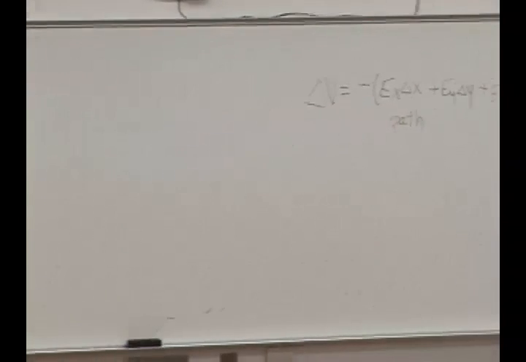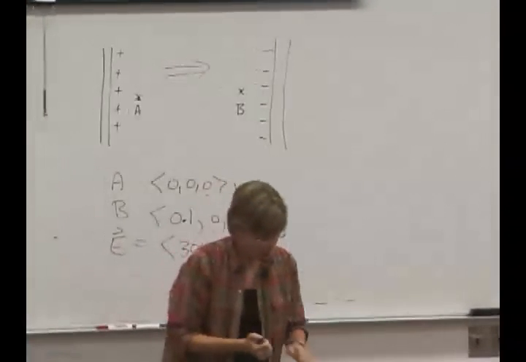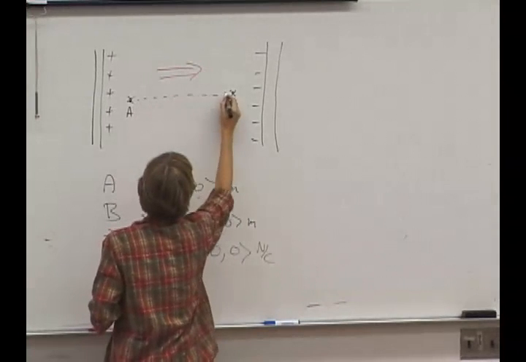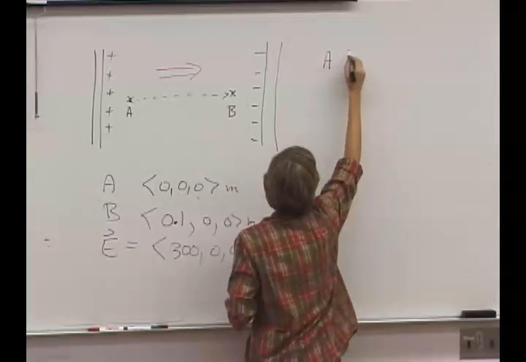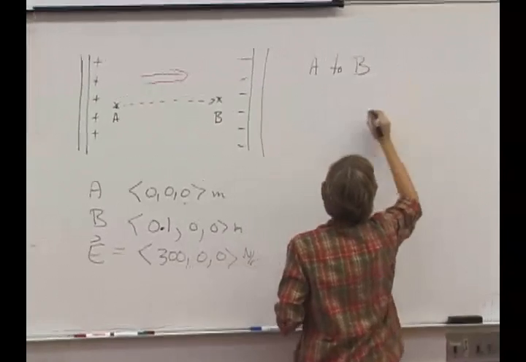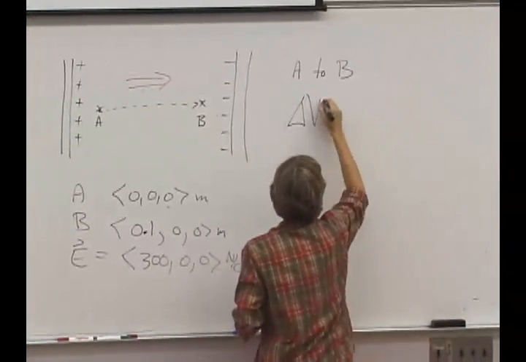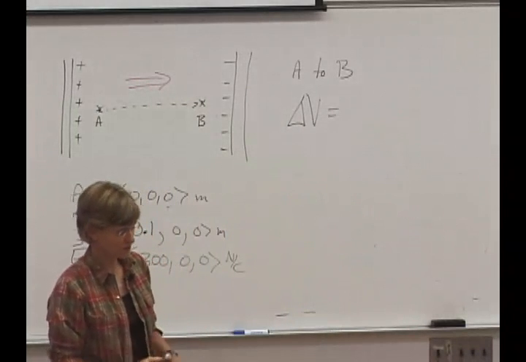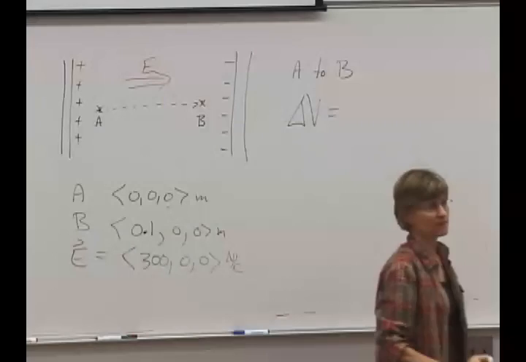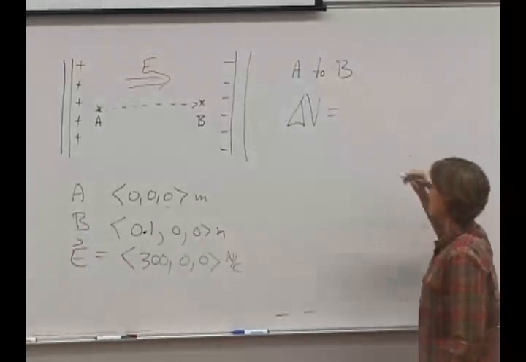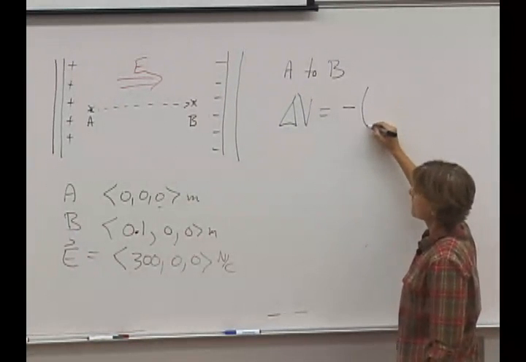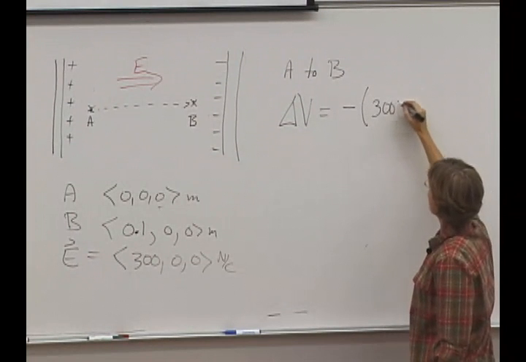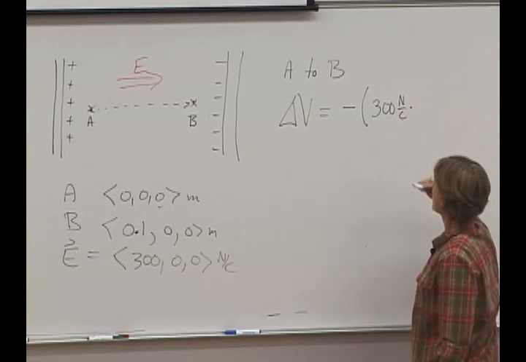But okay, so given this, let's find, going from location A to location B, let's compute the potential difference. Do this on your paper, and then we'll check it together. Okay? So we have a negative sign, and then we have E sub x is 300 newtons per coulomb or volts per meter.